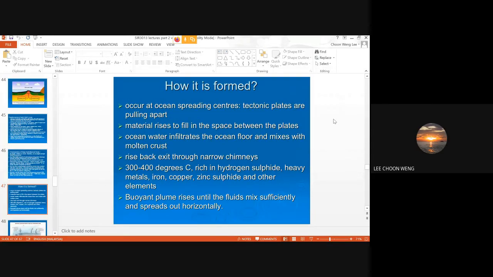How is it formed? So at the mid-ocean ridges, you have spreading centers. Okay, so as it spreads, as material rises to fill in the space between the plates at the mid-ocean ridges, some of the ocean water infiltrates the ocean floor. These areas are called the cold seeps. Okay, so it mixes with the molten crust. It gets heated.